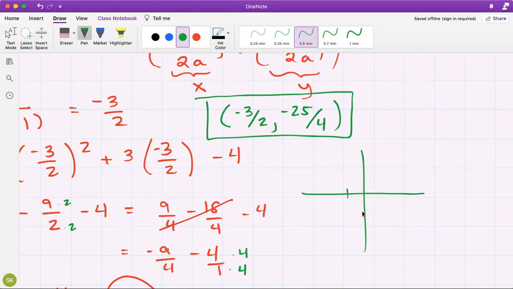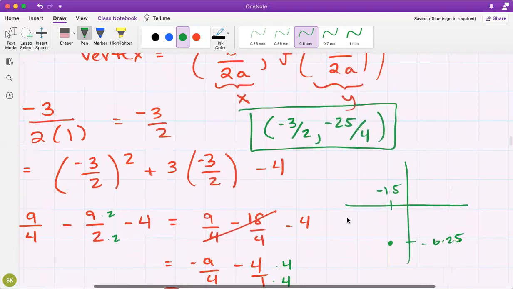So like right here. And then let's think about this. 5 times 4 is 20. 6 times 4. So it's a little bit bigger than negative 6. So somewhere down here. So we have a point here. It's at negative 1.5 and negative 6.25.